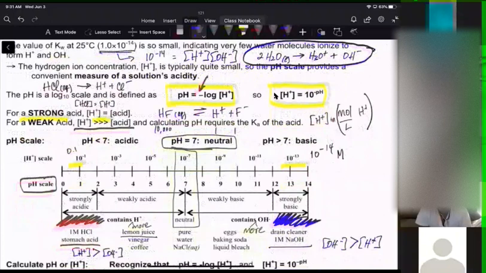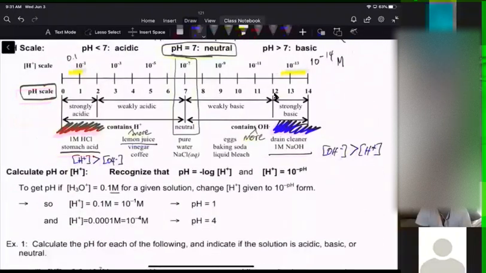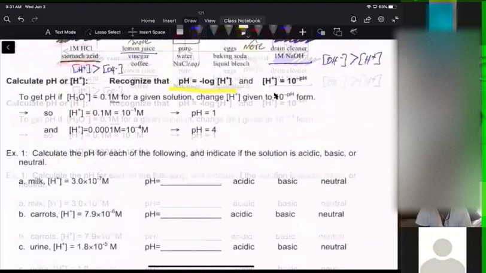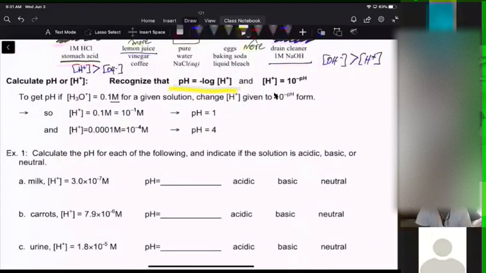Let's go ahead and look at the pH. We're going to use these equations to go from our H plus concentration to the pH, and then we'll use that scale to decide if it is acidic, basic, or neutral. Okay, so when you do this, you'll type it into your calculator. It depends on what kind of calculator you have. So make sure that you're using your calculator and getting the right number.